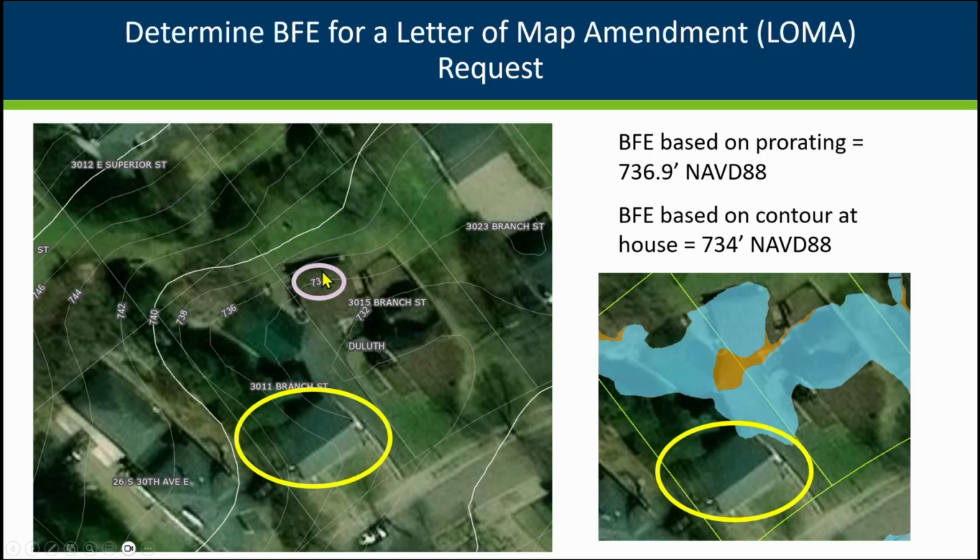And there's the 734 contour, which is basically where the boundary of the floodplain is. So based on the contour, I would have estimated that BFE at 734, almost 3 feet lower than what it would be based on prorating. So I'm not too excited about prorating in this example because it really shows what I think is going to be too high of a BFE.